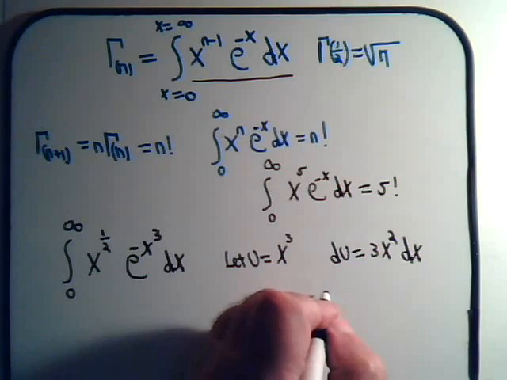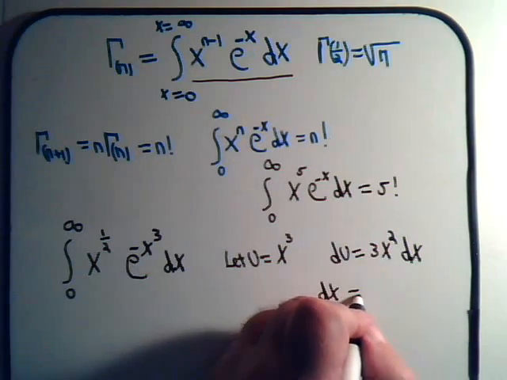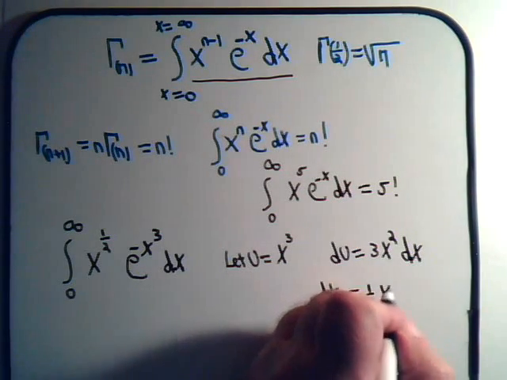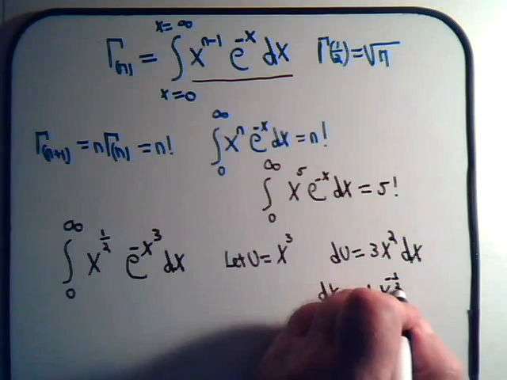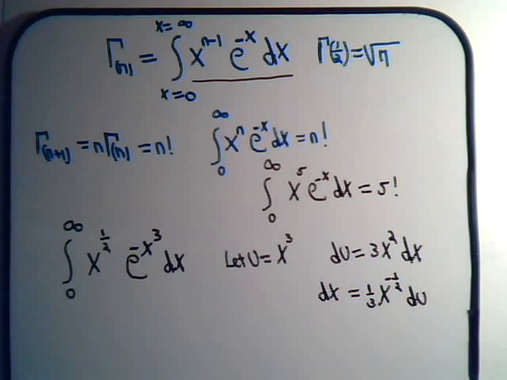So dx, dividing both sides of the equation, would equal 1/3 times x to the minus 2 du. That's true, but we want to have this side of the equation expressed entirely in terms of the variable u. We don't want to have an x on this side.